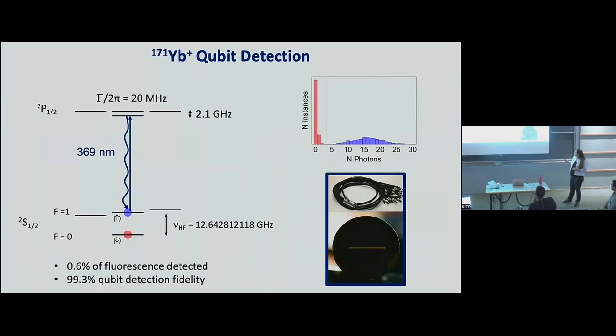And in this system, we have a nice way of doing this where, it's a little hard to see in this resolution, there are actually many fiber cores lined up next to each other in an array here. So each ion is lined up on top of its own fiber that guides the light into its individual detector. So we have very little detection crosstalk in this system.